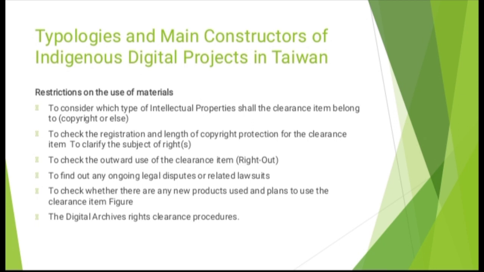Step 3 is to check the outward use of the clearance item. Step 4 is to find out any ongoing legal disputes or related lawsuits. Step 5 is to check whether there are any new products and uses or plans to use the clearance item. And the last is the digital archives right.